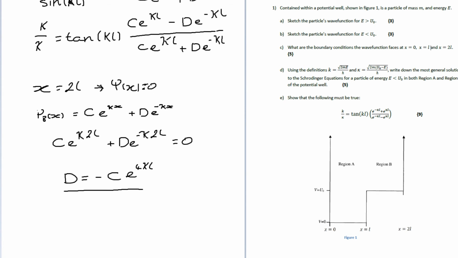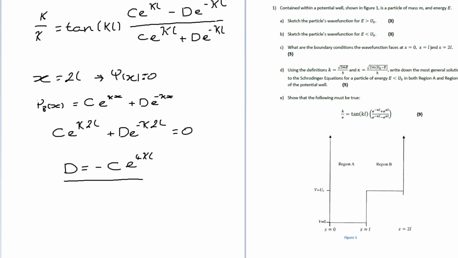And we're just going to go ahead and sub this into our term here, our k over kappa. So let's write that down, k over kappa equals tan KL. And I'll write this out in full because it gets a bit messy.